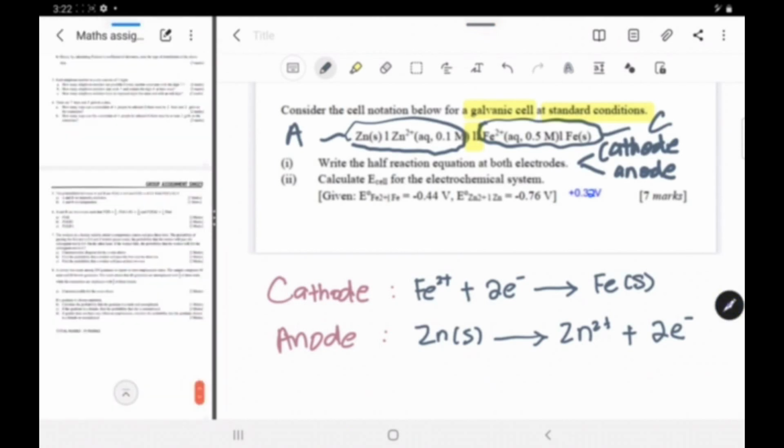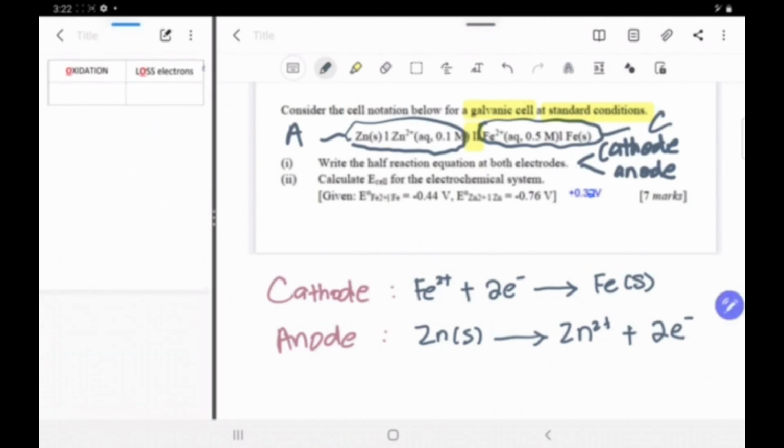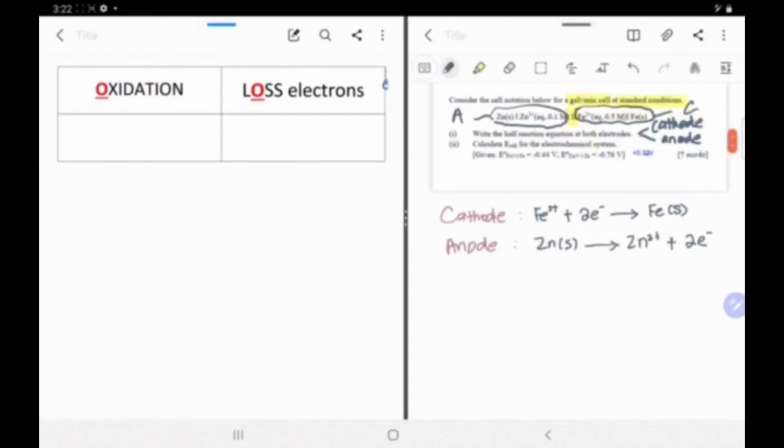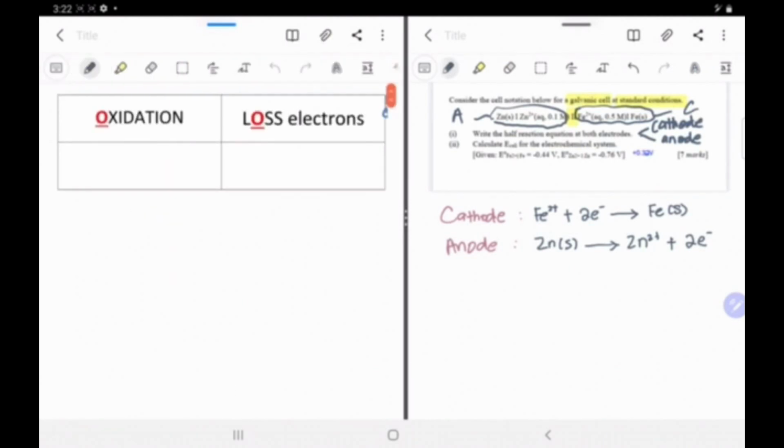You can see over here, oxidation happens at the anode. We have an O in oxidation, which means we are losing electrons. And of course, down here we have reduction.